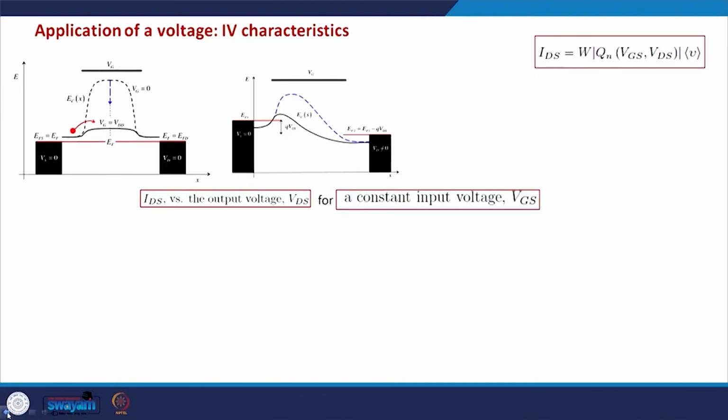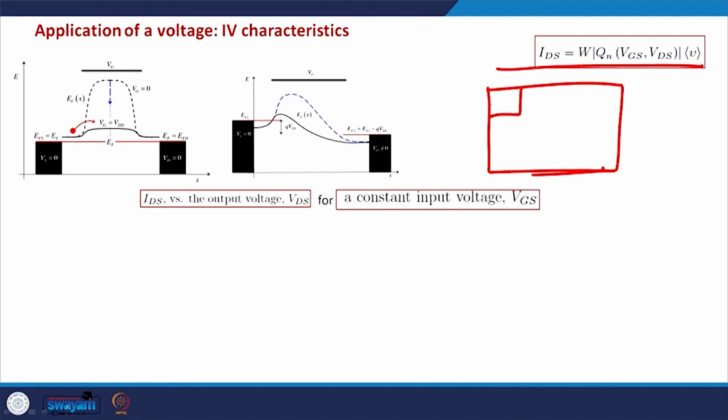So, this now brings us to understanding the IV characteristics of the MOSFET. This is the source terminal, this is the drain terminal, this is the channel region, this is the gate terminal. Electrons are flowing from source to drain side.